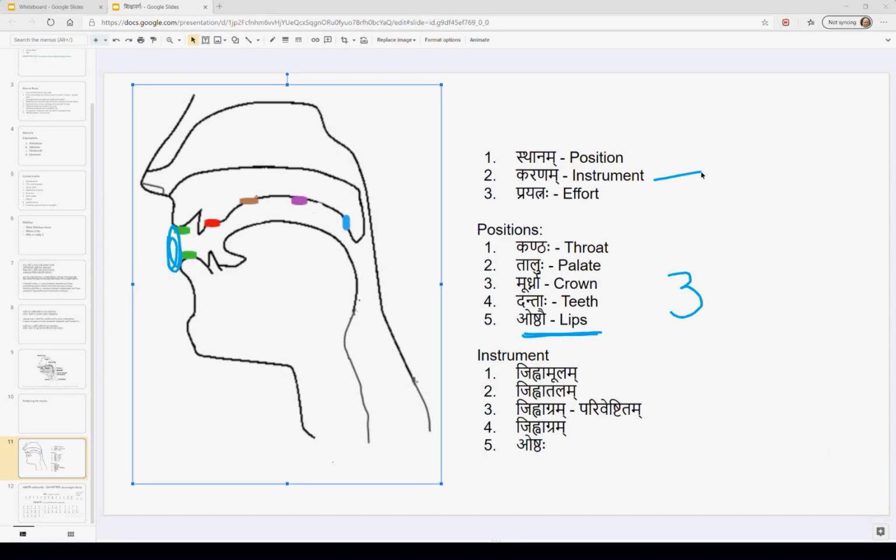Is the tongue involved? The tongue is neutral here, right? Lips.